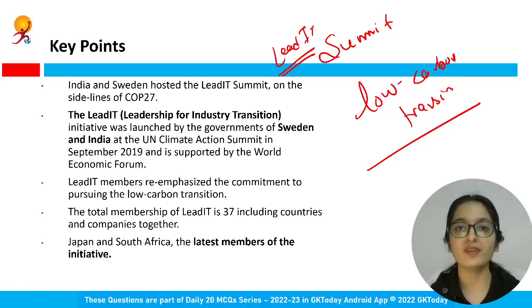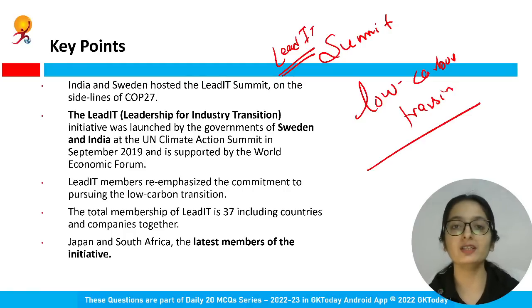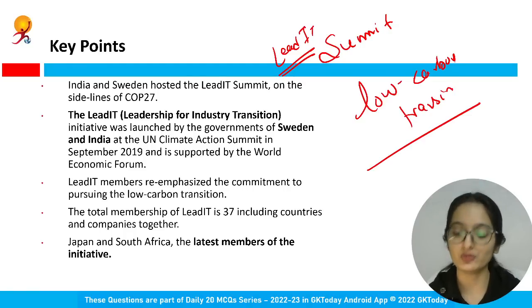It has also various other benefits apart from reducing the greenhouse gas emissions. What are those? Creating job opportunities, socio-economic development, innovation, enhancing the energy security, and resilience to the change in climate.